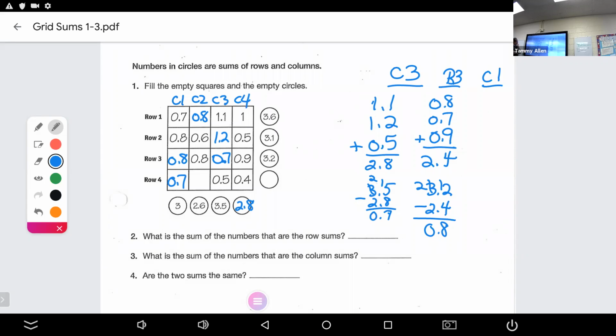Okay. Go ahead and try for C2. Column 2.